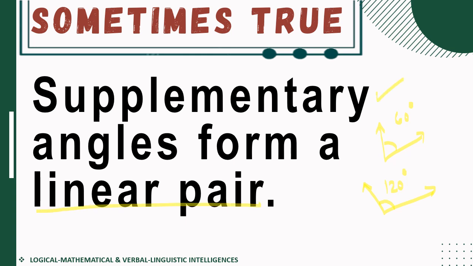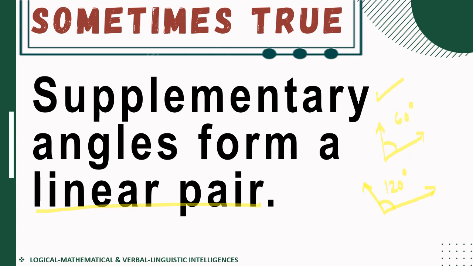Okay, not all supplementary angles are linear pairs, because we can have this example wherein the two angles are separated and it will not satisfy the definition of linear pair, because according to the definition, it should be supplementary and at the same time adjacent.